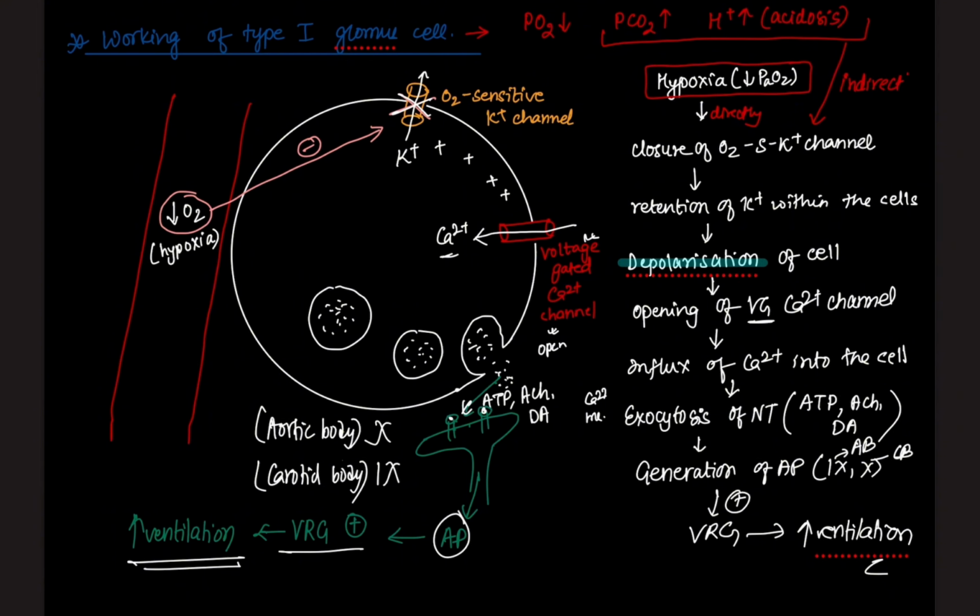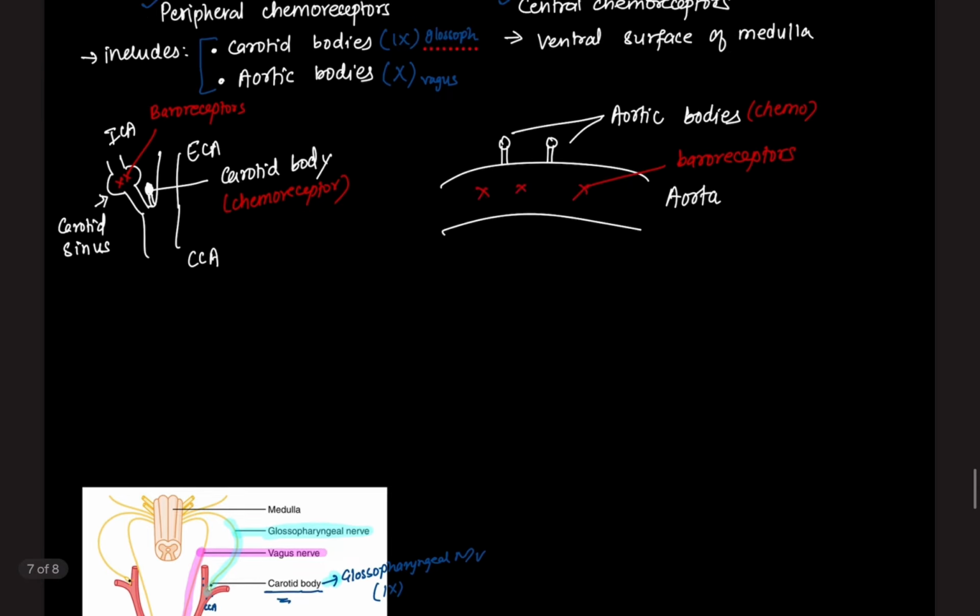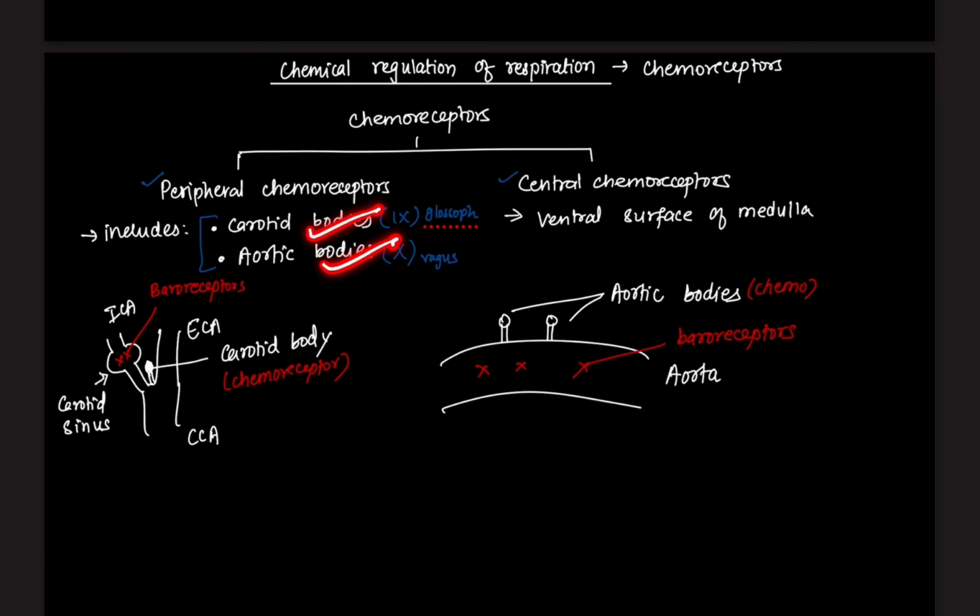Hypoxia directly causes the closure of oxygen sensitive potassium channels. So this is how the peripheral chemoreceptors detect the various fluctuations in our body. This is all about the peripheral chemoreceptors. We have understood how these two bodies work and how they are responsible for increasing our respiration.